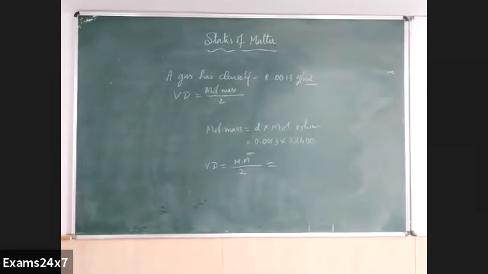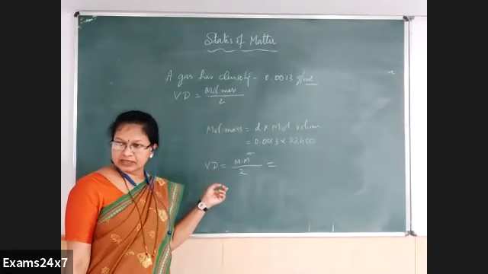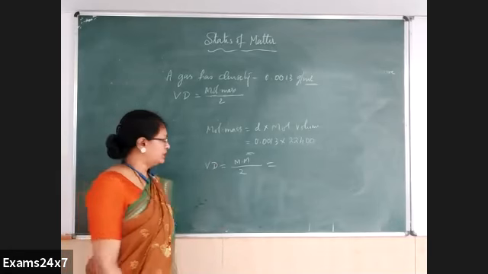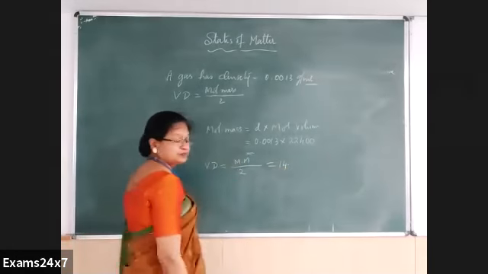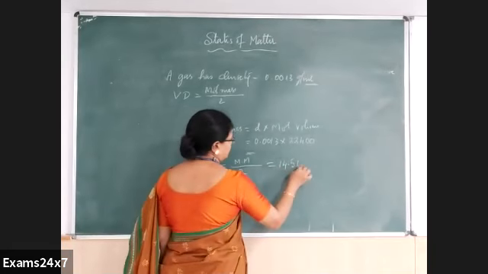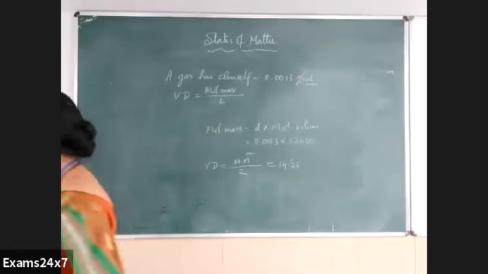Clear? The molar mass comes to about 28.16, so the vapor density comes around 14.08. Your final answer will be around 14. Check it.